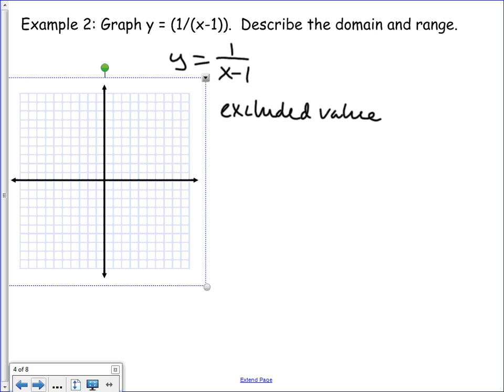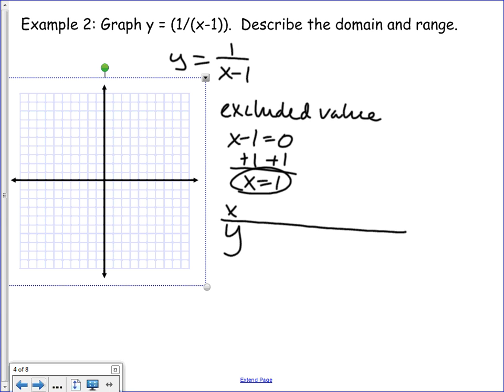We set the denominator equal to 0 and solve for x. So the excluded value is x equals 1. We choose x values on either side of 1 and make an xy table. Whenever we're graphing rational functions, our first step is to find the excluded value, and then make our xy table choosing values on either side of it.